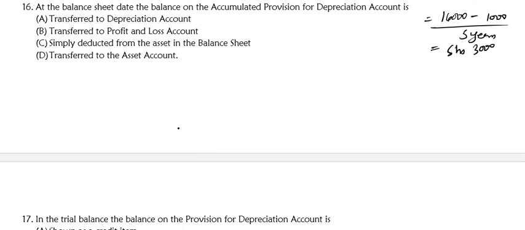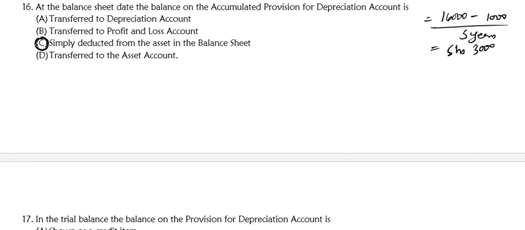At the balance sheet date, the balance on the accumulated provision for depreciation account is simply deducted from the assets in the balance sheet. Remember, when you're preparing the balance sheet, there will be 3 different columns: one for cost, one for accumulated depreciation, and one for the net book value.